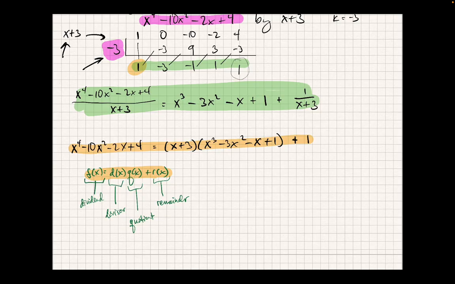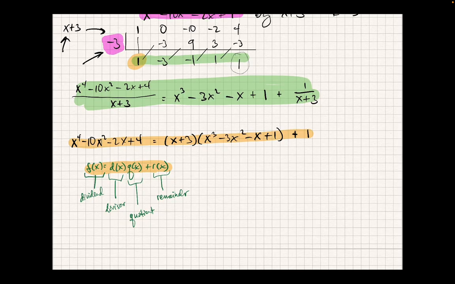This formulation would be the orange one. The green one is f of x over the divisor equals the quotient by itself plus the remainder over the divisor.